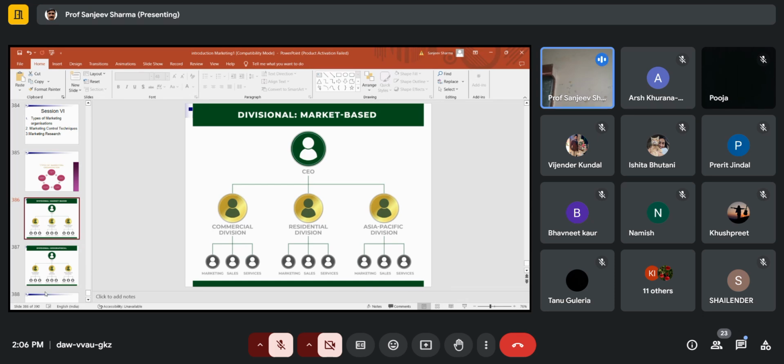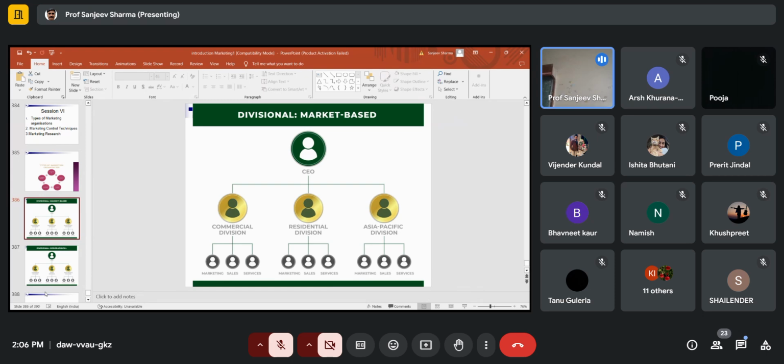So below the general manager, there will be a zonal manager in charge of each zone. It could be organized on the basis of Asia Pacific, continent, Europe. Now I'm taking only the example of India.